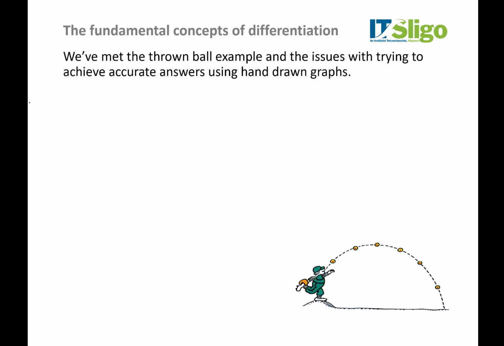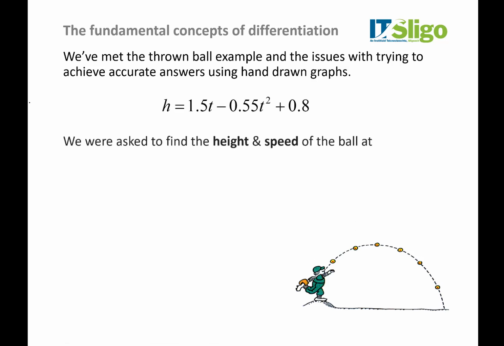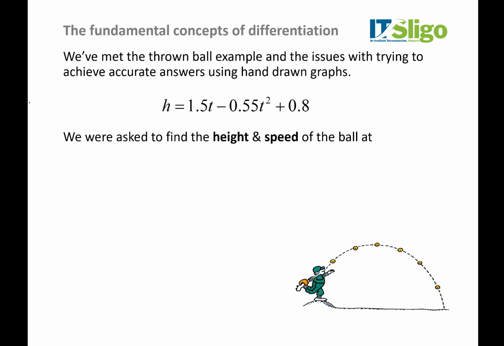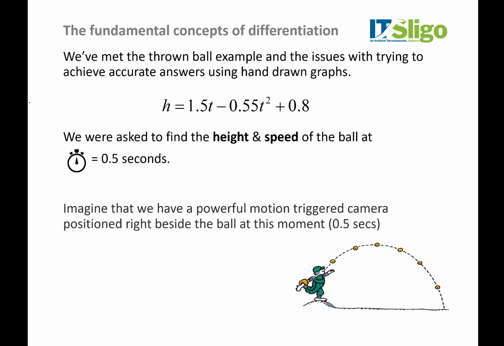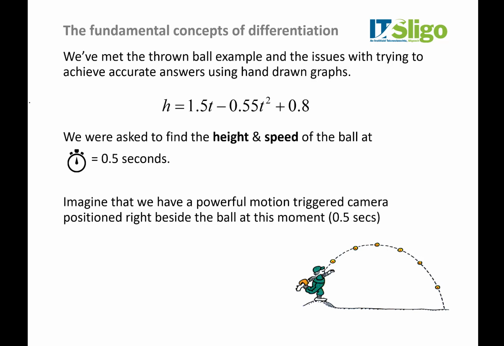So we've met the thrown ball example and the issues that arise with trying to use hand-drawn graphs to analyze any answers we may have. And we're asked to find the height and speed of the ball at 0.5 seconds. So imagine we have a powerful motion triggered camera positioned right beside the ball at this time of interest, 0.5 seconds.